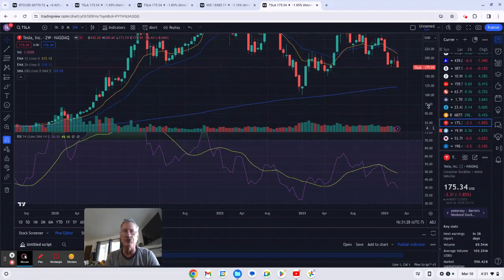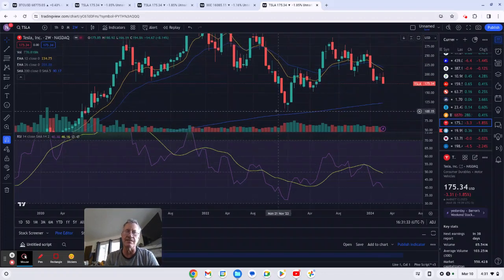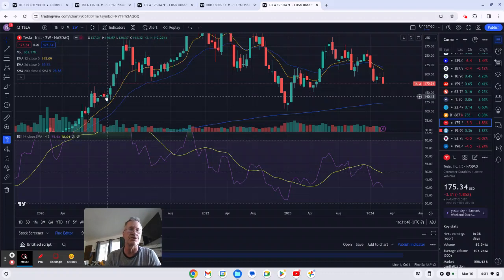I use the wicks in my analysis, but some people like to use the actual close of the candle. But anyway, now I'm going to go back to the weekly chart and show how during this period of time you have many weeks where you're just battling right here, which is where I think we're going to get back down to.